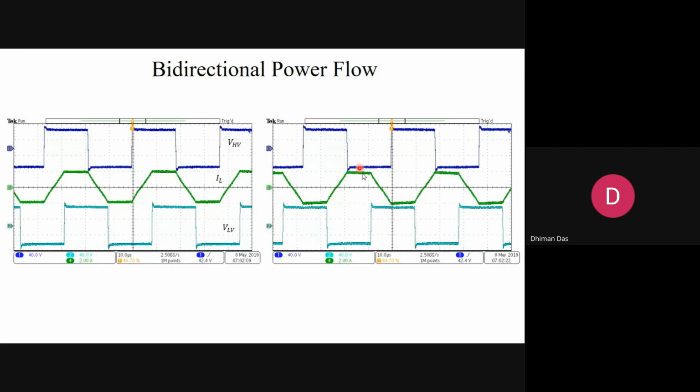See, this is a bidirectional power flow. Here the low voltage bridge is lagging from the high voltage bridge, and here the low voltage bridge is leading compared to the high voltage one. The current profile is the same, but when I change the direction input with the switching multiplexer, we can flip the signal and get a leading or lagging voltage.